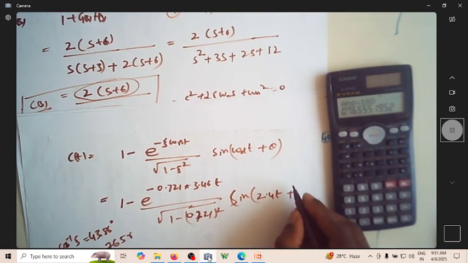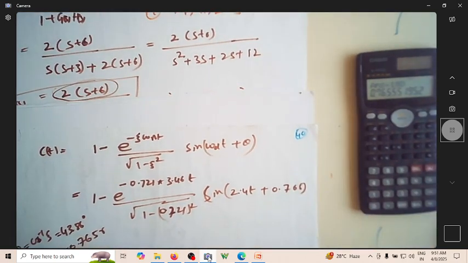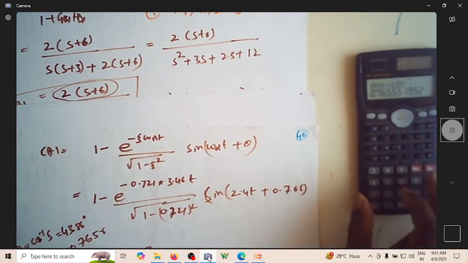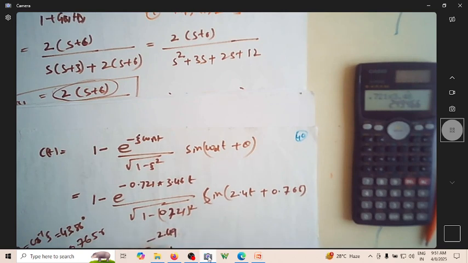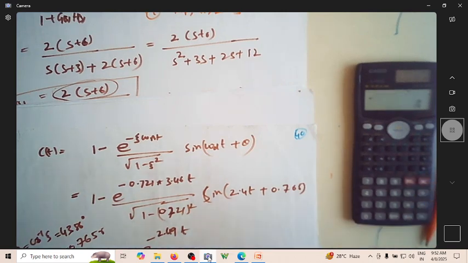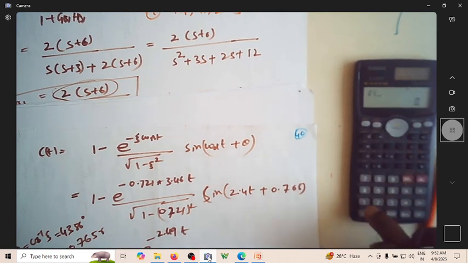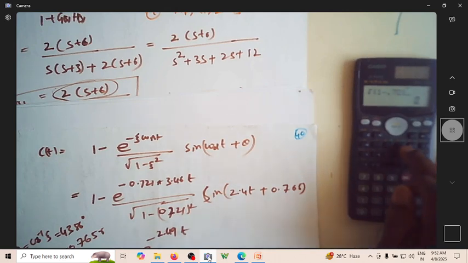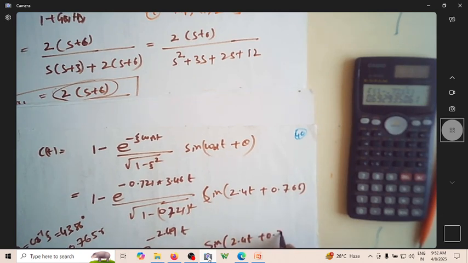So the equation now is 1 minus e power minus 0.721 into 3.46, which is 2.49 t, divided by the root of 1 minus 0.721 square, which is 0.69, into sine 2.4 t plus 0.765.